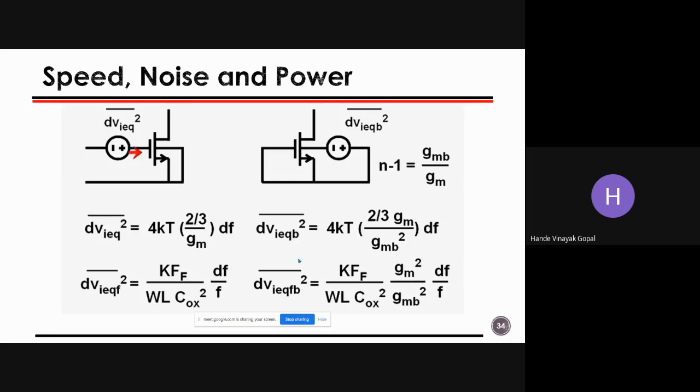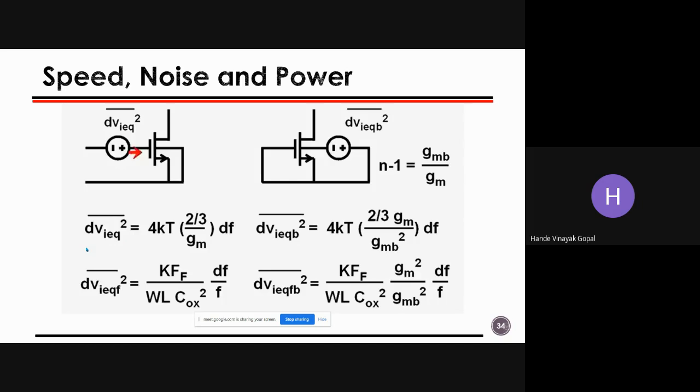So if I'm using a bulk-driven transistor for designing my operational amplifier, it is definitely noisier than a gate-driven transistor. And whatever is true for thermal noise is true for flicker noise as well.